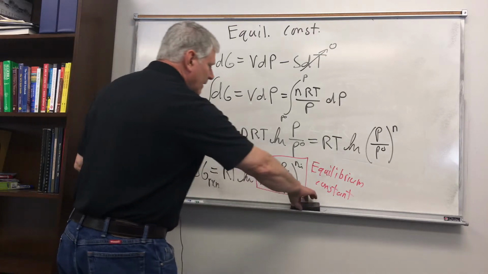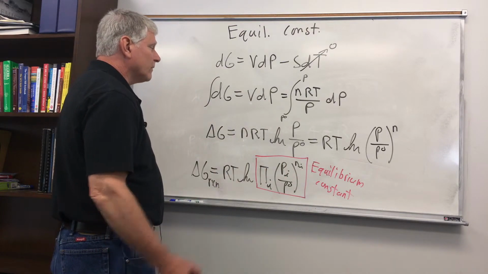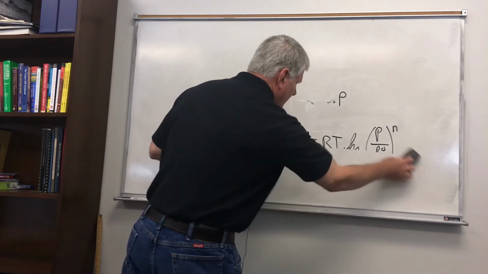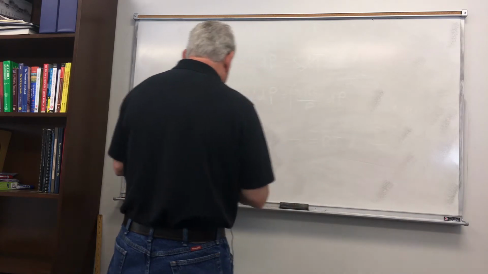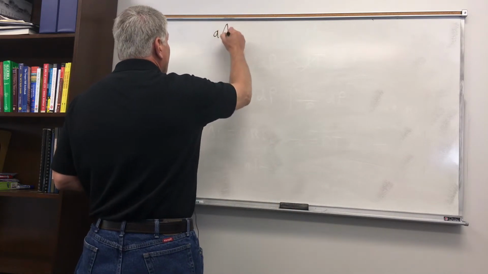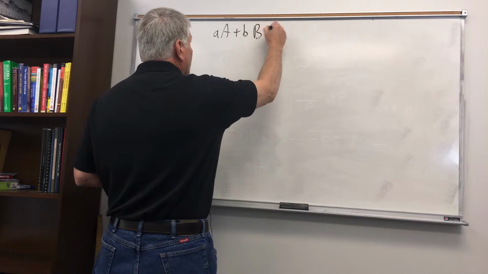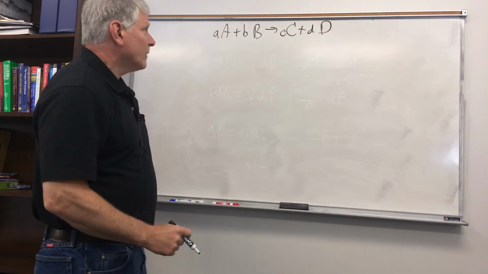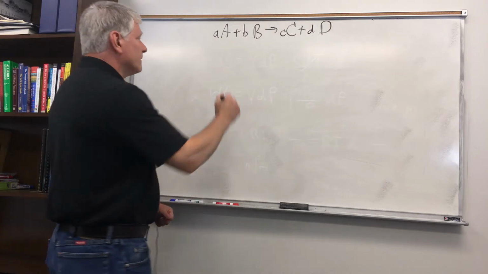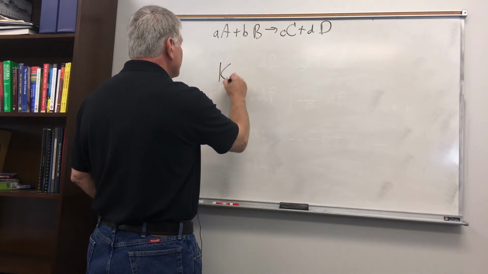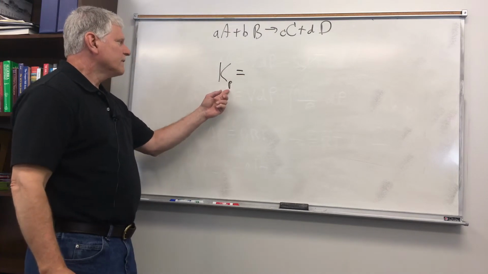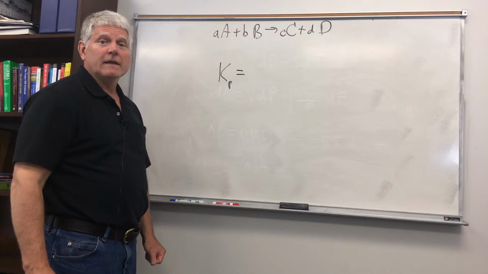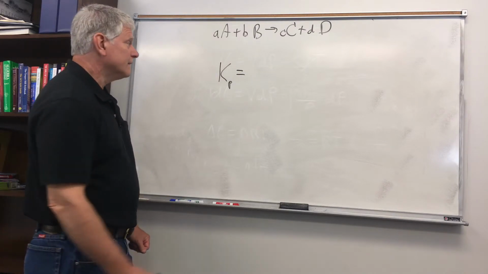So now let's look at how we can practically use the equilibrium constant. So say we have a reaction and we want to express the equilibrium constant for this reaction. And I use this sub P to show it's in terms of pressure, because in that expression we had, it was the pressures of the species.